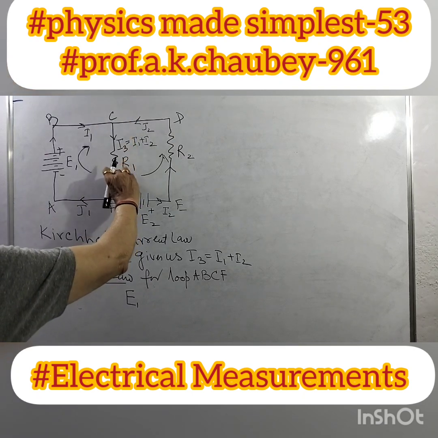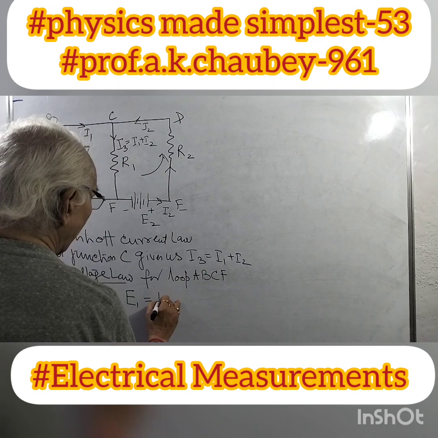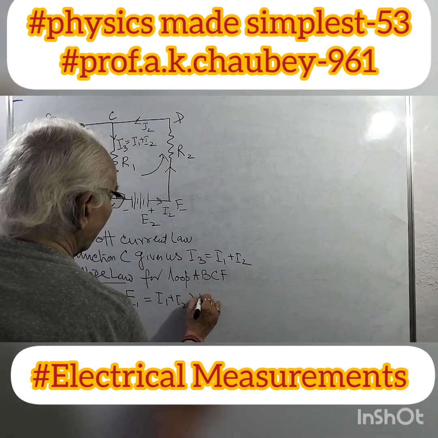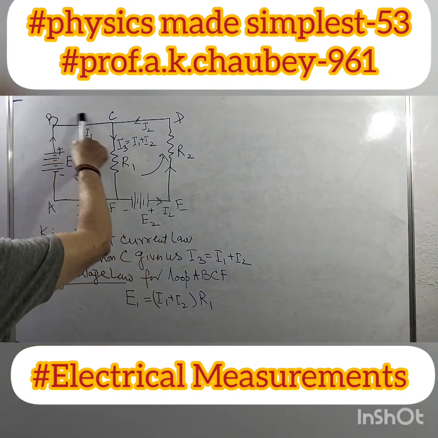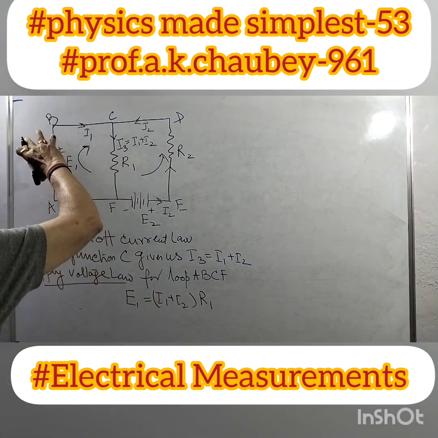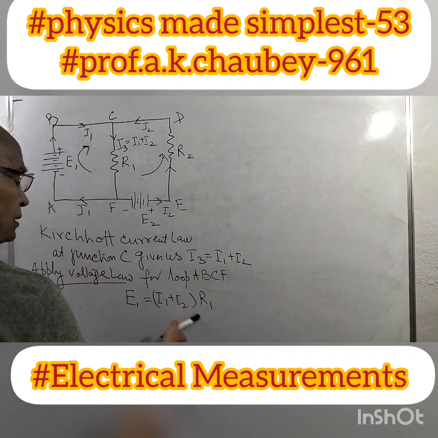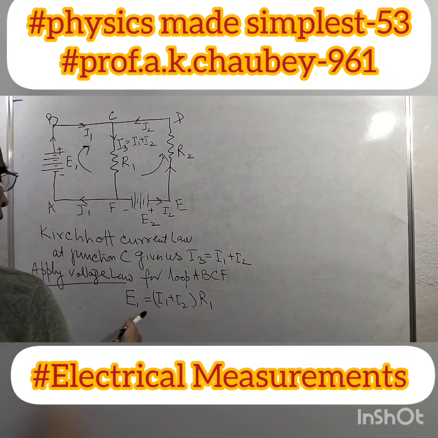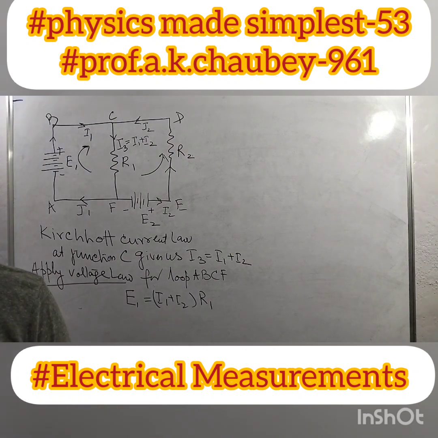What is the potential drop here? E1 must be equal to I1 plus I2 into R1. In this loop, potential applied must be equal to the voltage drops. So the summation of EMF must be 0, meaning E1 minus I1 plus I2 times R1 is 0, or directly E1 is equal to I1 plus I2 into R1.